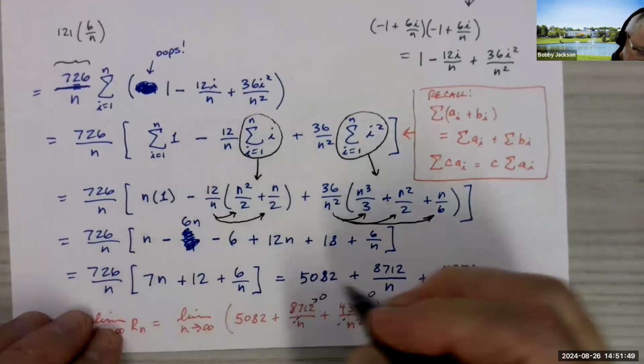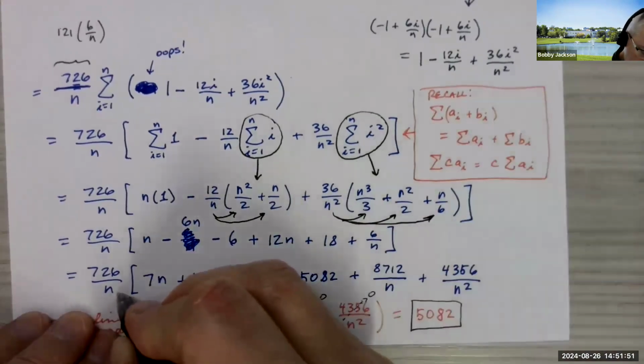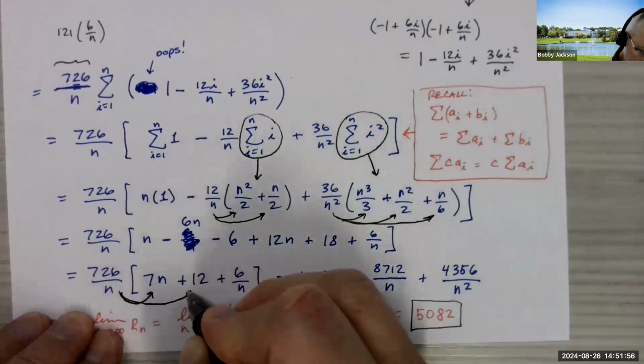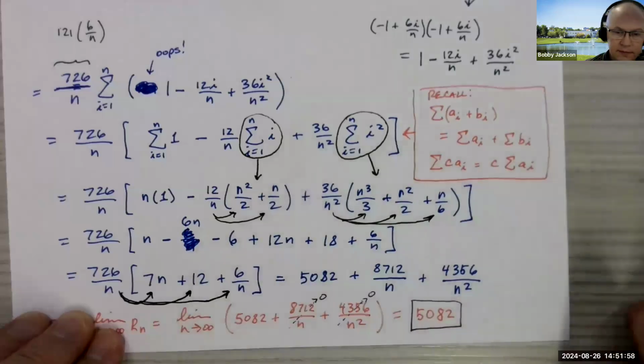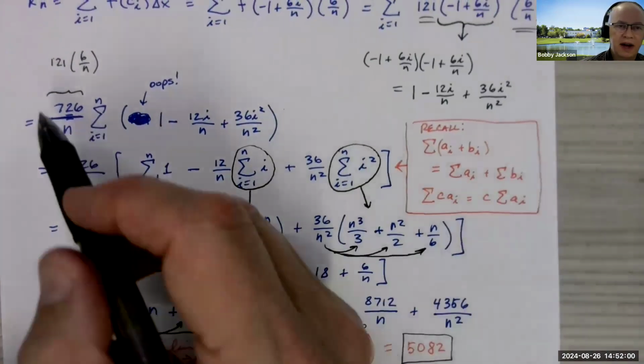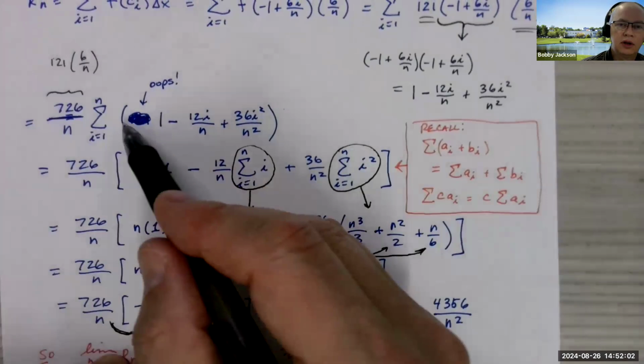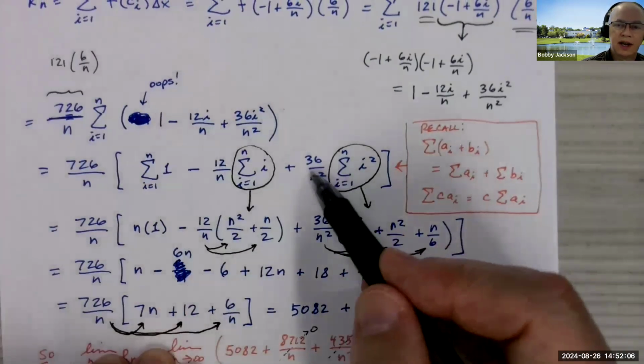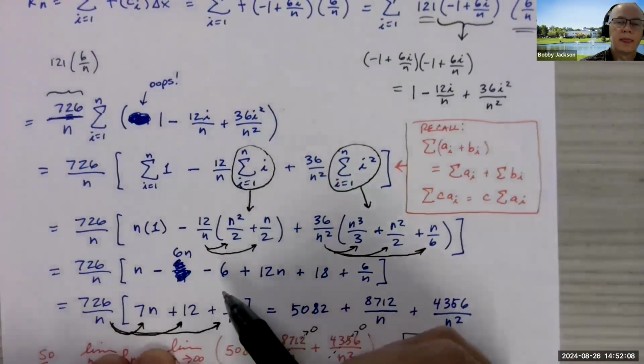And I can get a final expression for r sub n if I now distribute this big 726 over n through these three terms. I chose to remember to factor this whole thing out at the beginning. You could distribute through all of these, and then you would have different quantities outside of each of these sums.